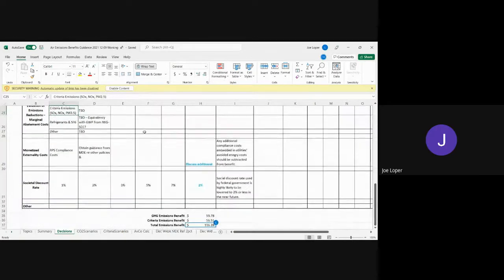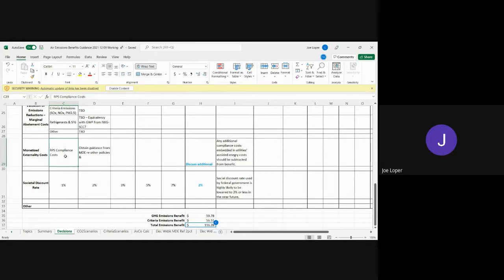So anyway, my recommendations, as you can see here, are not marginal. They're all using the avoided damages costs. And then, saving the best for last, the second to last is monetized externality costs. Currently, we have gotten estimates. We spent quite a bit of effort this last year teasing out the RPS compliance cost in the avoided energy costs that the utilities provide, because that's already in our total resource cost test.